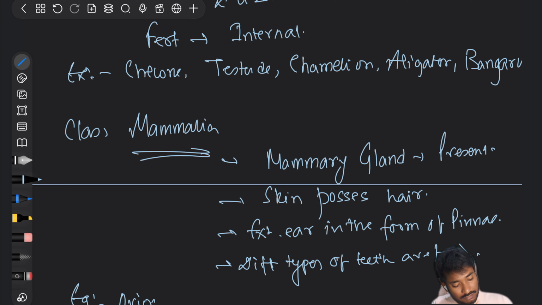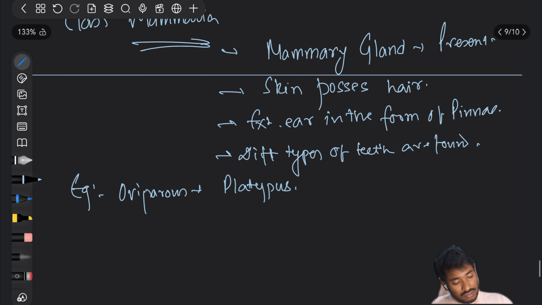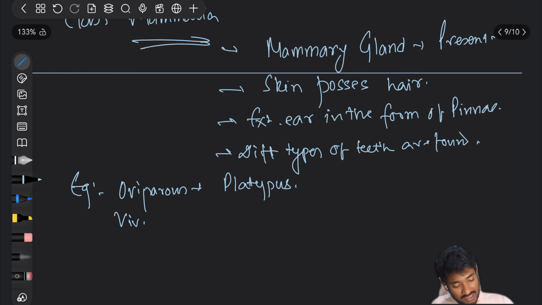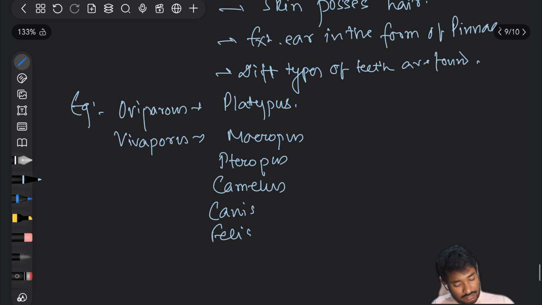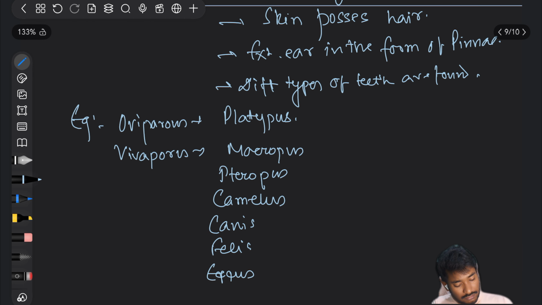Example, oviparous: the duckbill platypus, the only mammal that lays eggs. Viviparous: Macropus, that is kangaroo; Pteropus, flying fox; Camelus, that is camel; Canis, Felis, Equus, Balaenoptera, tiger.